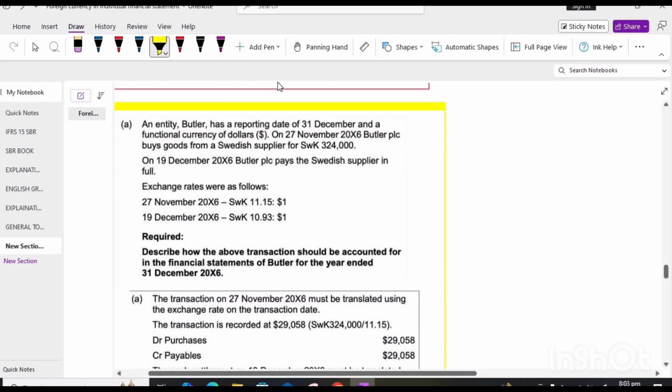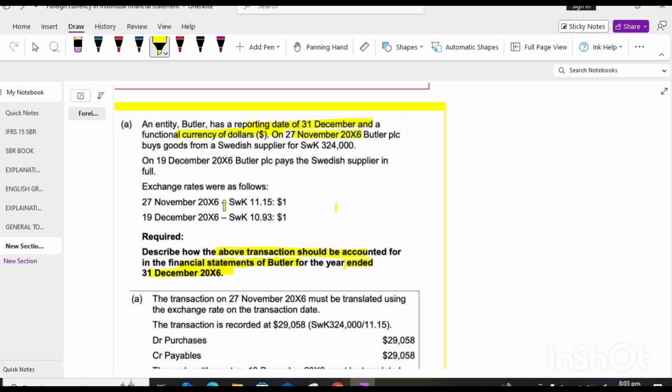So here we have a question on how you will deal with such a type of question. You see here, describe how the above transactions should be accounted for in the financial statements of Butler for the year in 2000. So here the entity Butler's reporting date is this one. Functional currency is dollar.